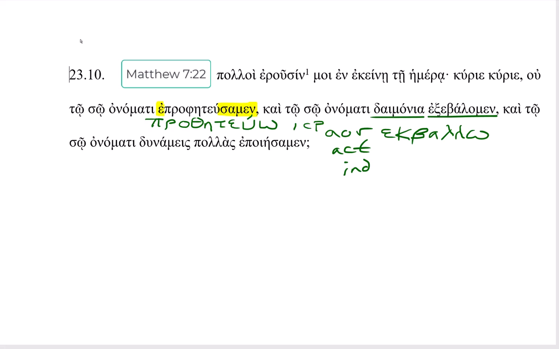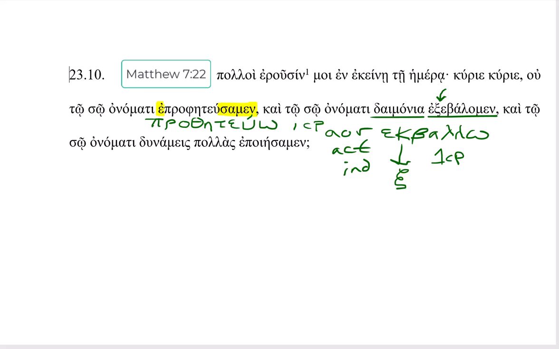And when we put a vowel in between, the kappa will often change to a xi. That is a pretty standard rule. It's talked about back in Mounce's chapter 21 as he talks about compound verbs, when we put a preposition in front of a primary verb. So exebalomen, another first person plural aorist active indicative.